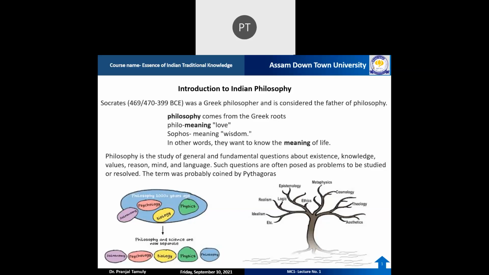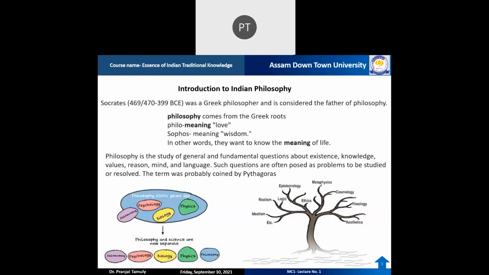Socrates questioned everything, including whether gods exist or not. Because of this, he was not liked by many people, and ultimately he was accused of corrupting the youth and was sentenced to death by poison.